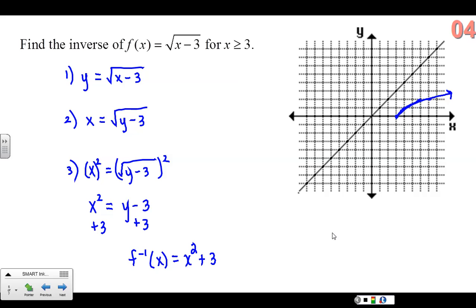Now, we cannot graph the entire portion because it's not one-to-one. X squared plus 3 we know is the parabola that's been shifted up 3 units. So I'm going to just do the right-hand side because that really is what we're looking for.